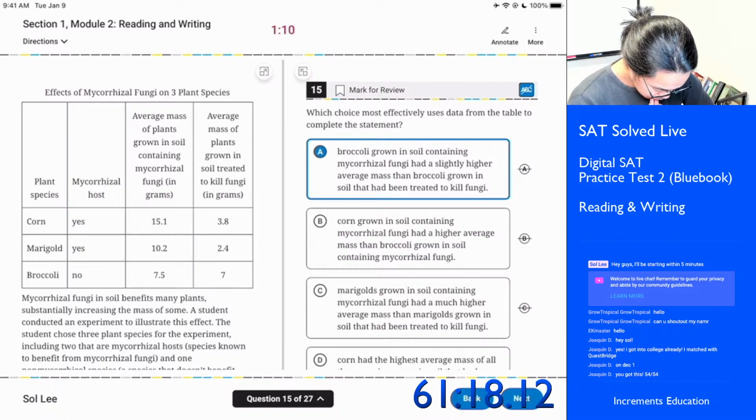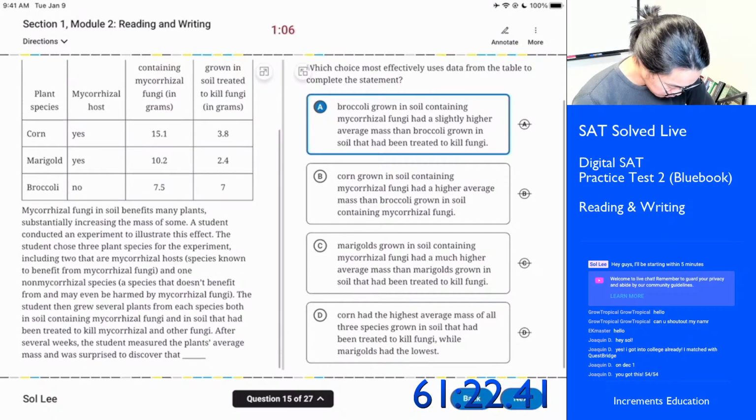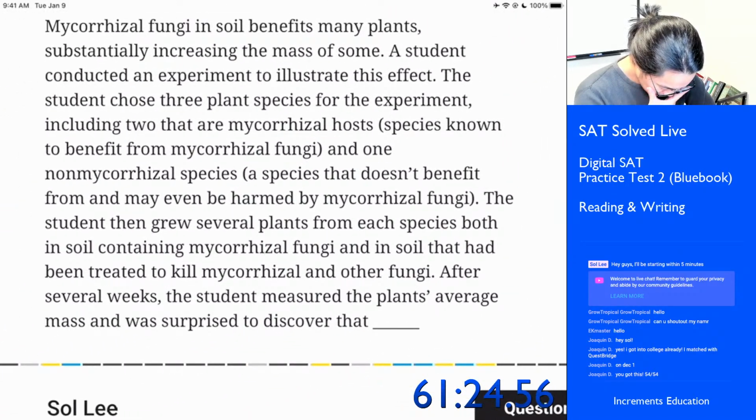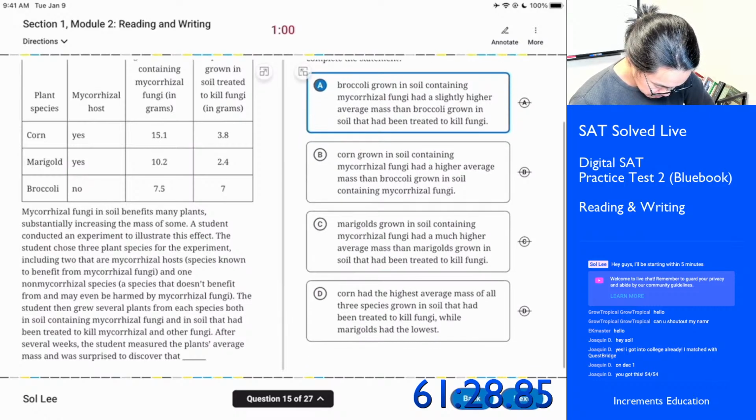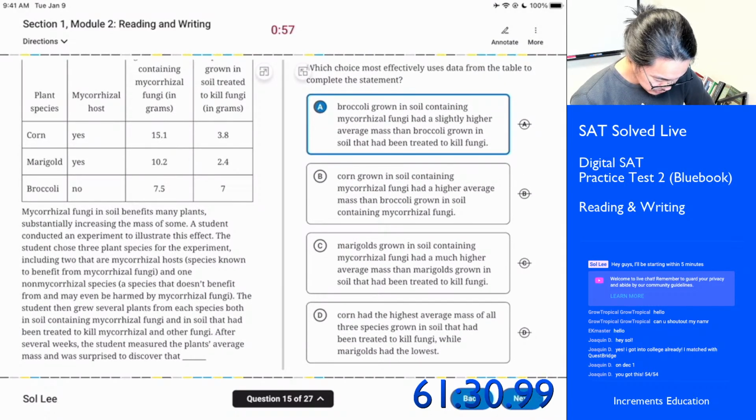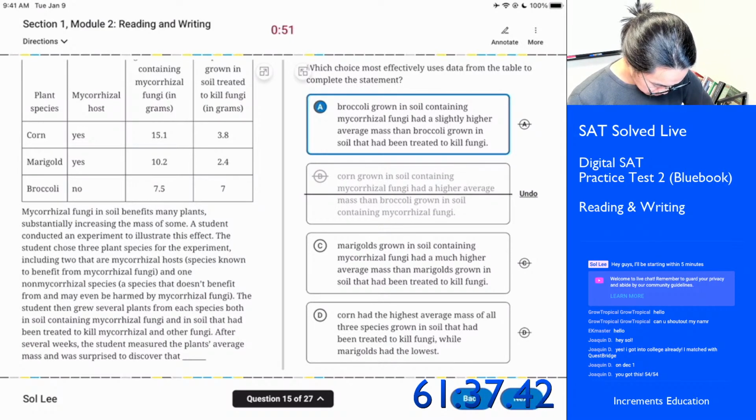Slightly higher than the one killed in fungi because broccoli is the one that doesn't benefit from and may even be harmed by. Yeah. I mean, that is the only surprise, right? Corn grown in soil. No, that's not surprising. Marigolds grown in soil.